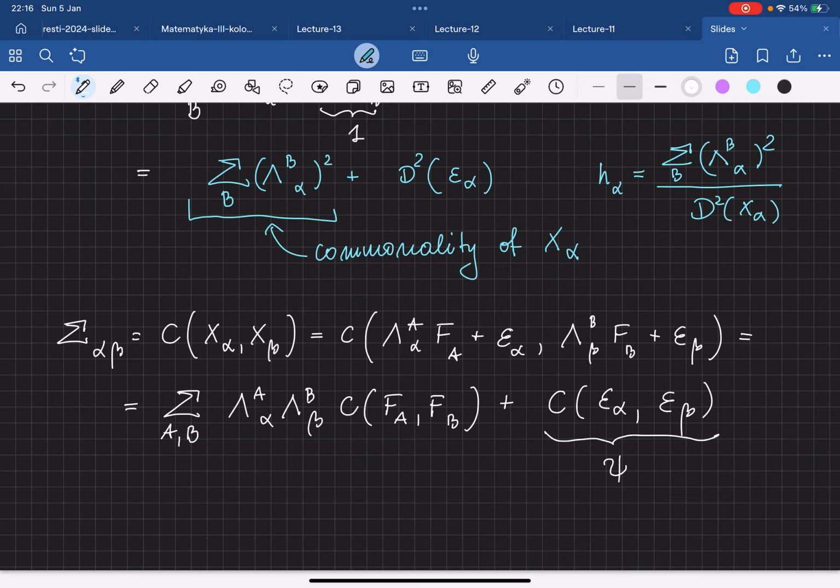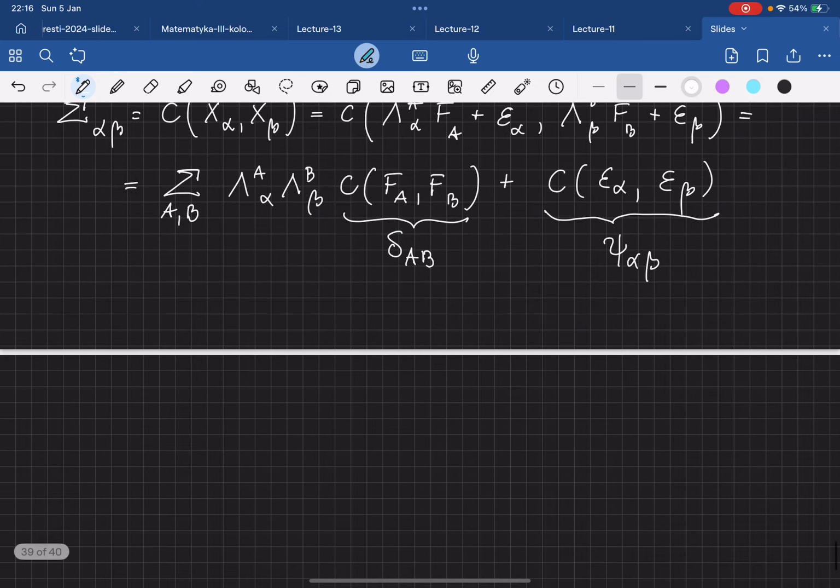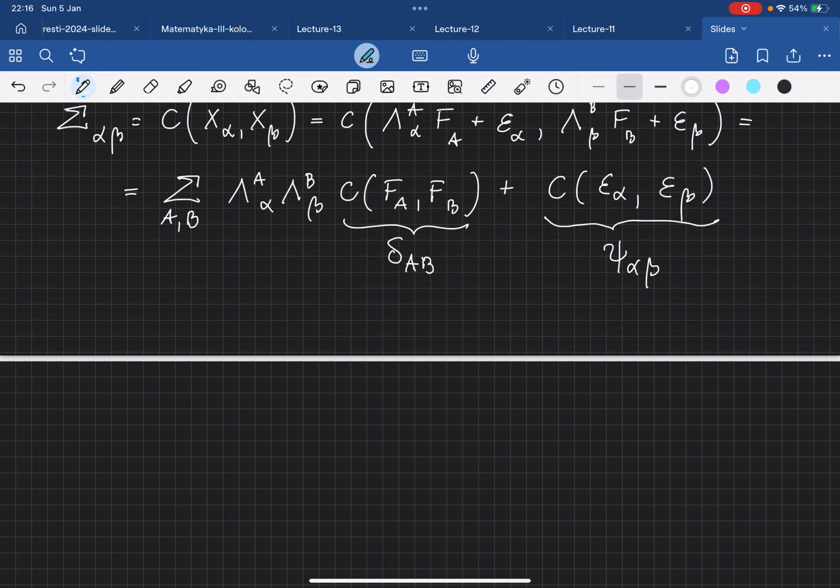This is delta AB, which means that here we in fact have matrix lambda times matrix lambda transposed, and the alpha beta matrix element.